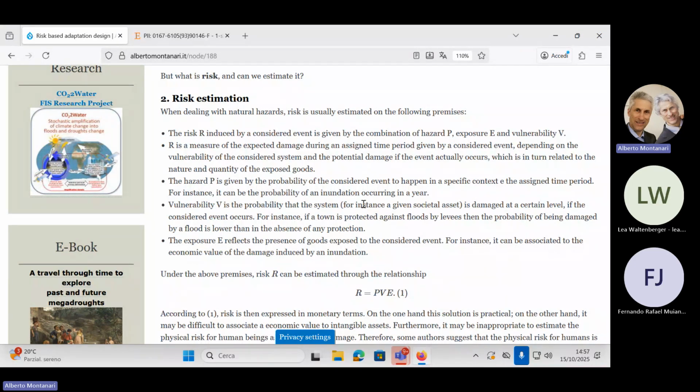I find it requires careful consideration, because if you introduce preparedness as a factor varying from 0 to 1, for instance, it means that you assume that if the population is fully prepared, they can really annihilate it, bring the damage to 0.